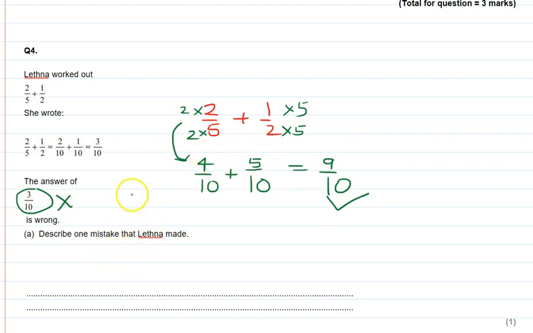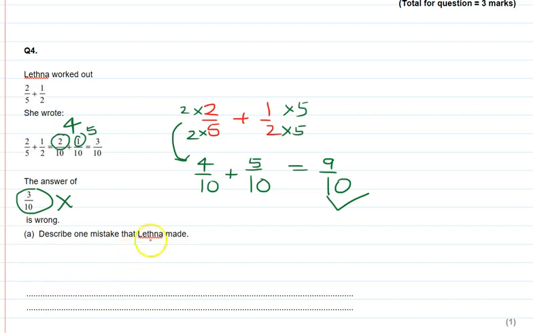Describe one mistake that Litna has made. So one mistake, if you see here, it is 2 over 5 and 1 over 2, over 10. If you multiply by 2, then this number should turn into 4, and this number should turn into 5. So this is the mistake she has made.